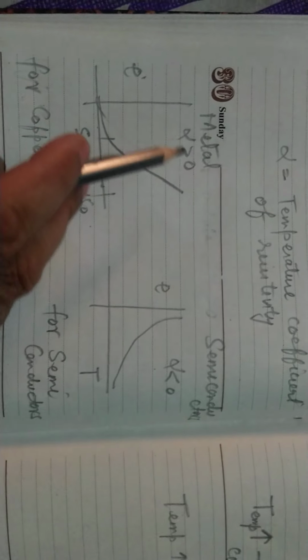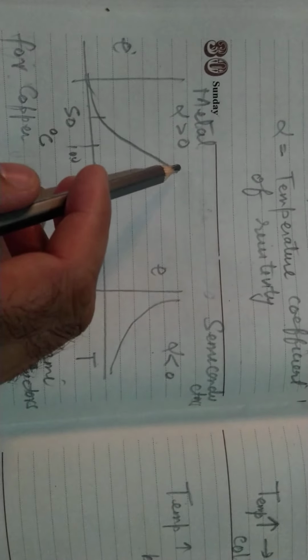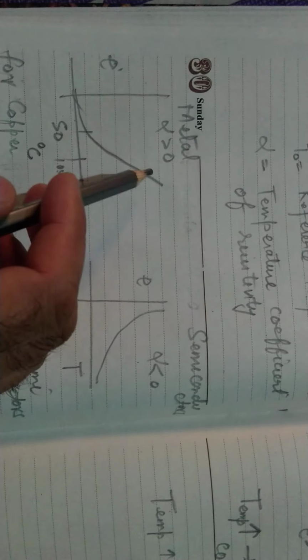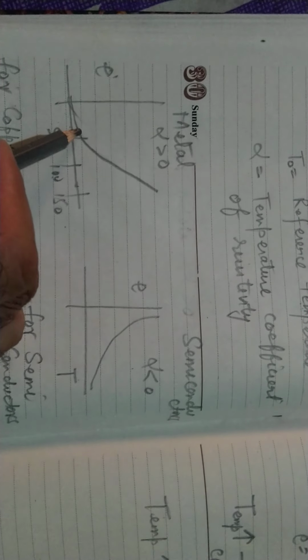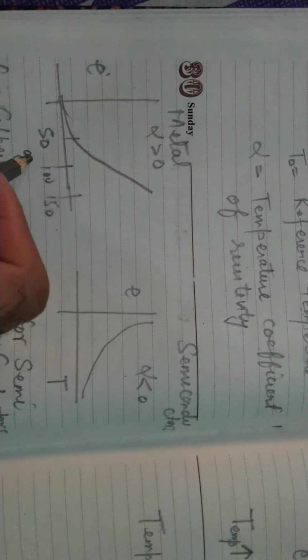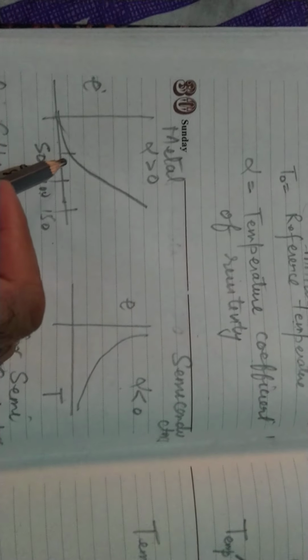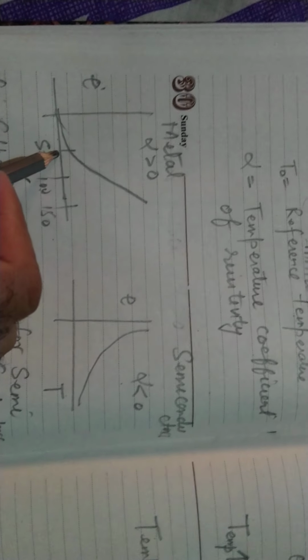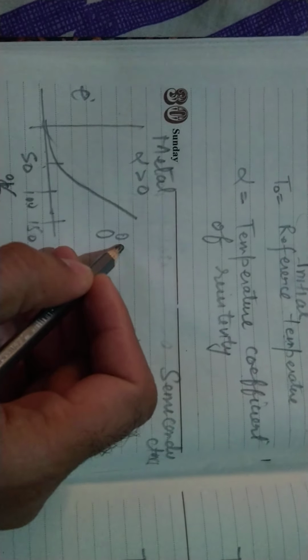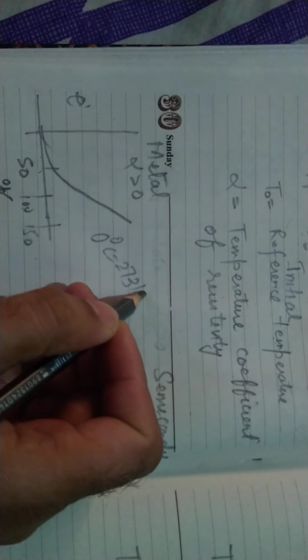Now for metals, alpha is greater than 0, and the graph between resistivity and temperature is a straight line for higher temperatures. This temperature is in Kelvin, and 0 degrees Celsius is equal to 273 Kelvin.